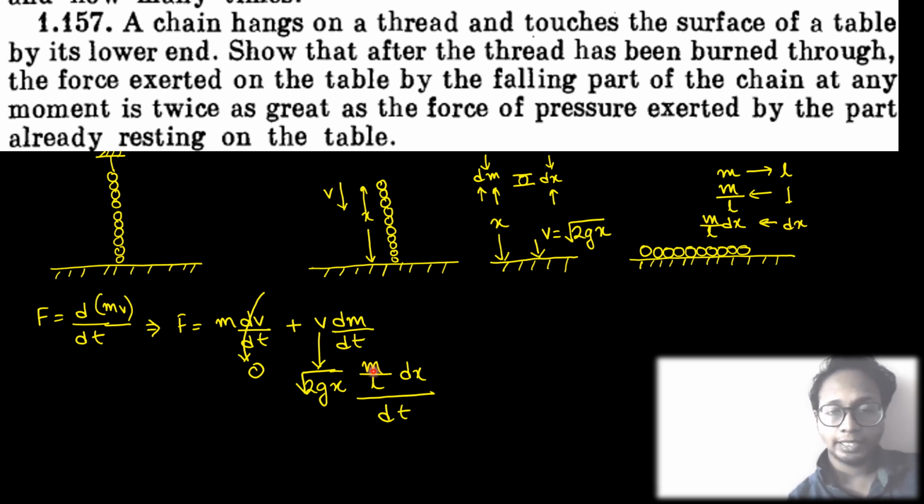Now look at this. m is constant, L is constant. What is dx by dt? Dx by dt is nothing but velocity of the object. So it is under root 2gx into m by L into v, because dx by dt is velocity.